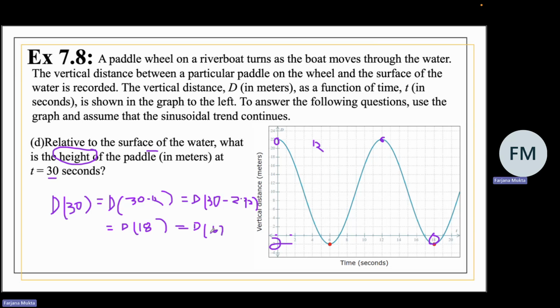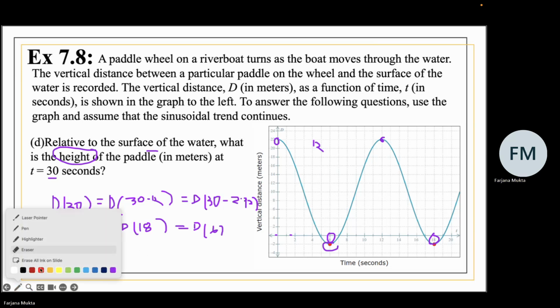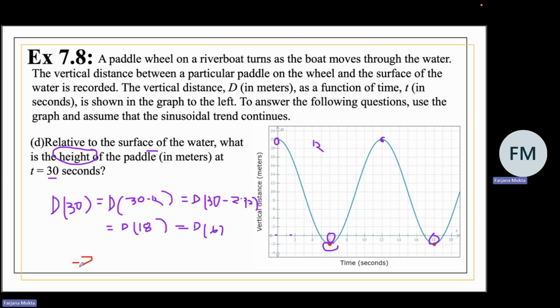Okay, that's equivalent to D30 as well. And for time being 6 seconds, what is the height from the surface of the water? -2, right? Yeah. So that's it. That means -2 meters is the answer for this.